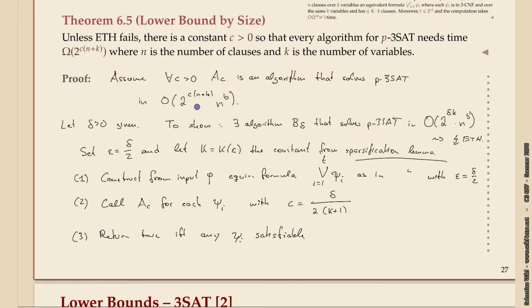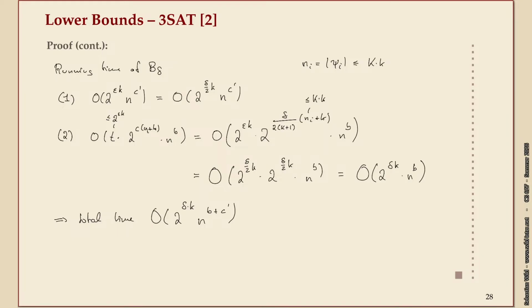And that means we can't have an algorithm that even has this sub-exponential running time, for every c, in the size of the formula. It doesn't work for the variables, it doesn't work for the size of the formula. That's what the sparsification lemma gives us. So this was the key proof technique.